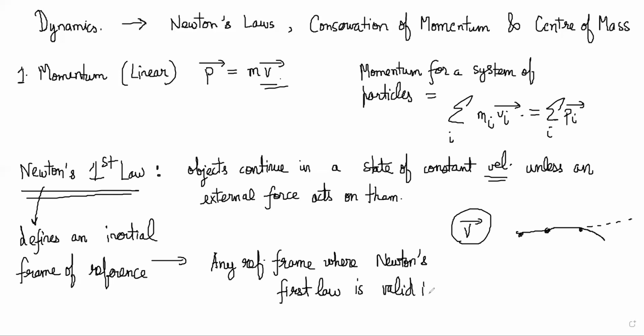So any reference frame where the first law doesn't seem to be valid is a non-inertial reference frame. So basically, an inertial reference frame measures the absolute acceleration.